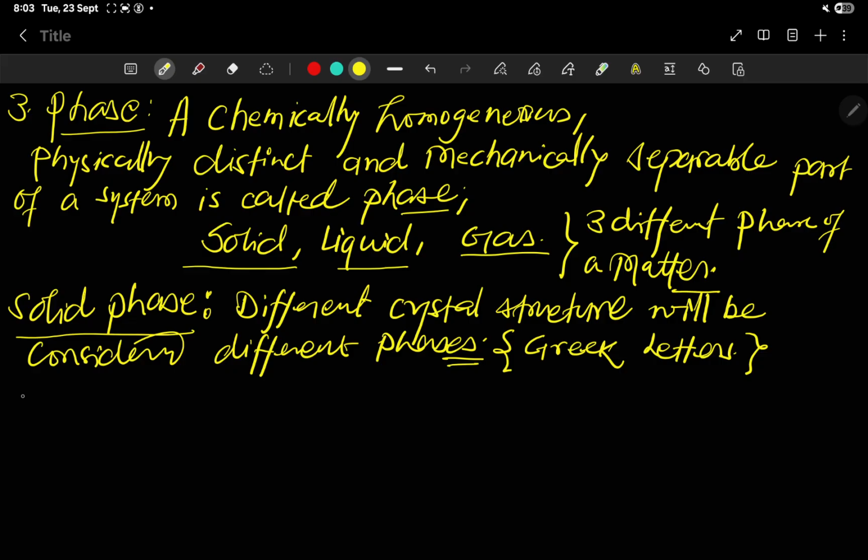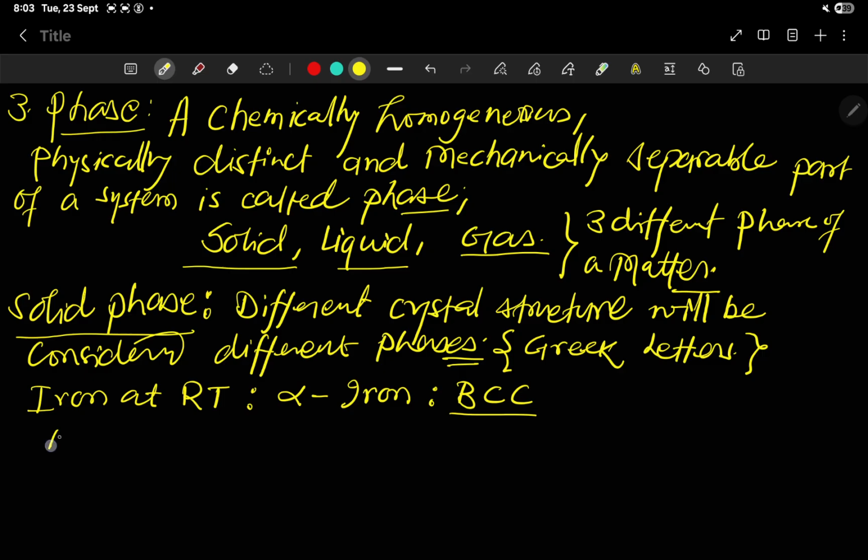So if we see iron at room temperature, we call it alpha iron, and this is BCC in nature, right? But iron at high temperature becomes what?